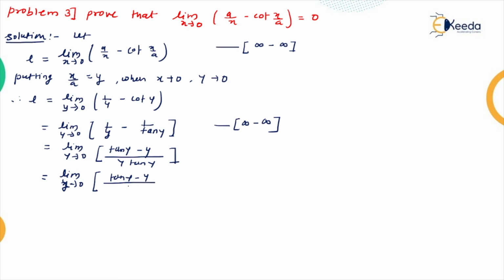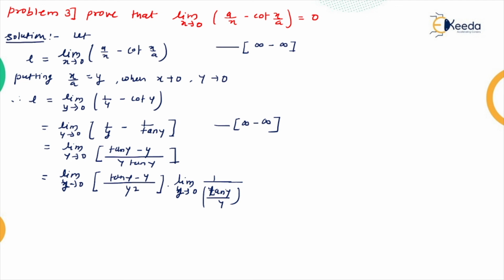Here I am taking y square, and in the denominator that can be written as 1 upon tan y upon y. That is a little bit of adjustment. I hope you understand this, because I'm taking y square as an extra term, so for cancellation I have to take y in the denominator also.